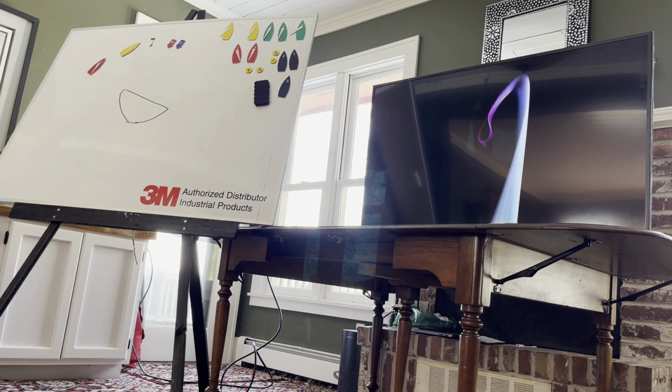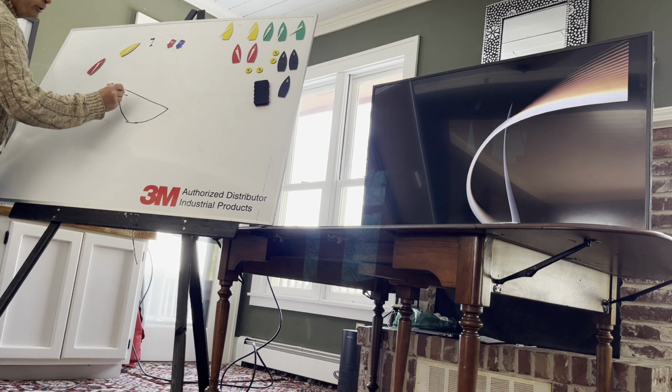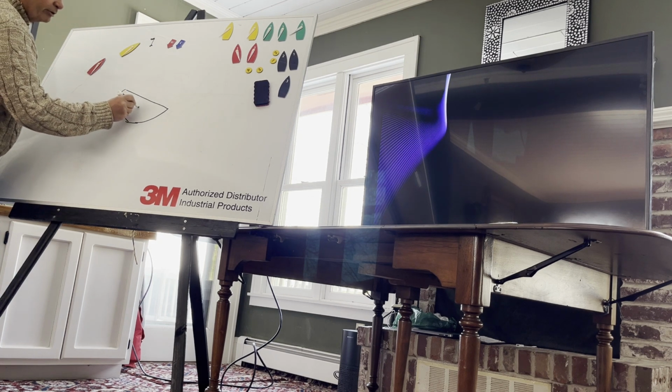So there's a couple of things with the main that we have that are controls. One is the main sheet. The other is the traveler. And so what I want you to do, for starters, here's your traveler.